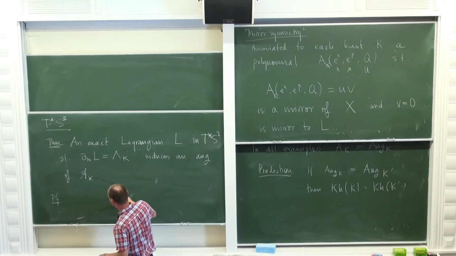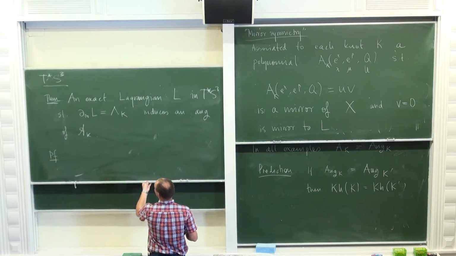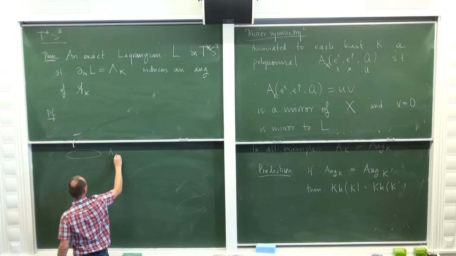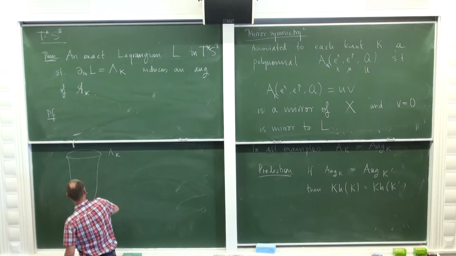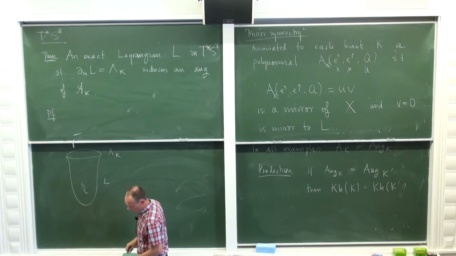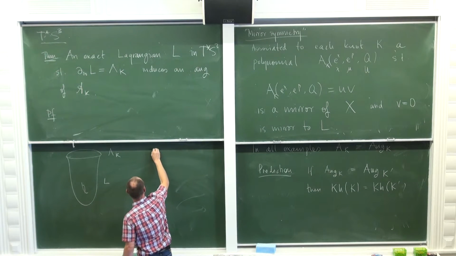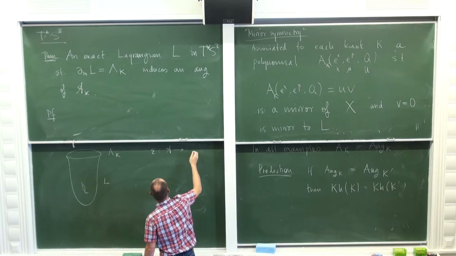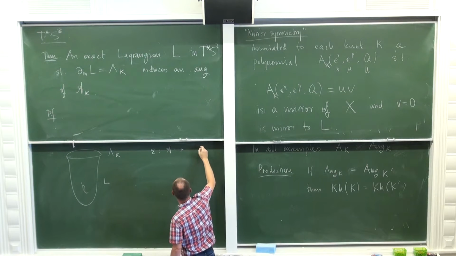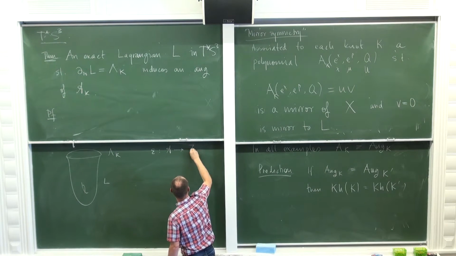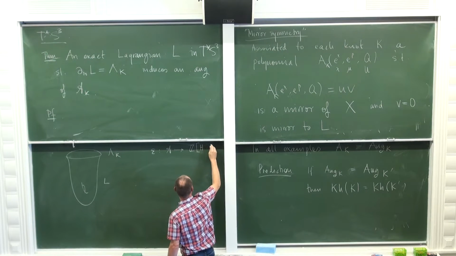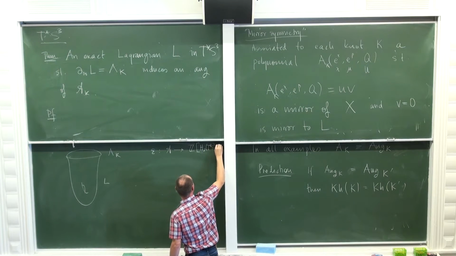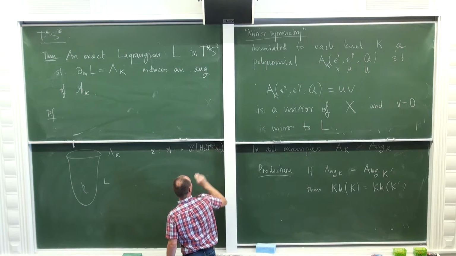So in the picture you should have in mind, here is lambda K, and here somehow stretches this L. And now what we can do is define this map, let's call it epsilon, from the algebra into the homology of S3 and L, I guess.